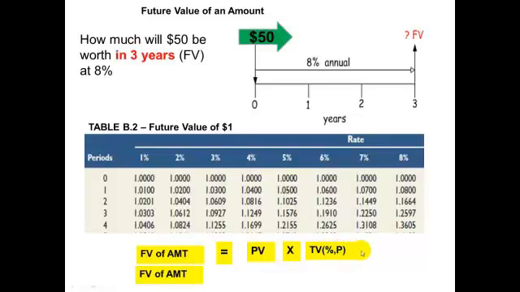The table value is going to be 8% down and 3 periods across.